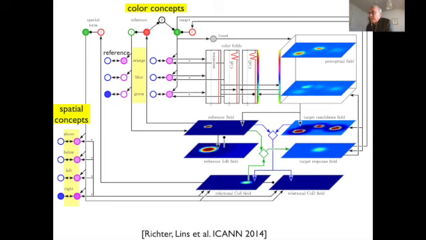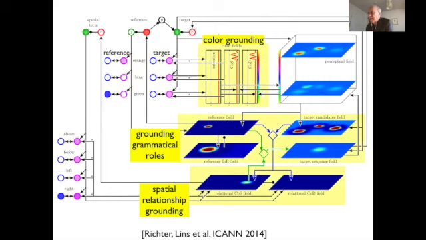Actually, I highlighted these different things here in different slides, but I don't think we really need that. So here the spatial relationships, and again, here we have these for the spatial fields. We bind that to the grammatical role. We call this grammatical.